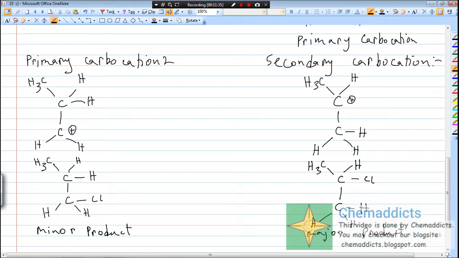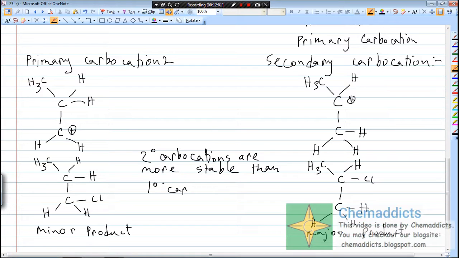So why should this be the minor product? That's because 2 degree carbocations are more stable than 1 degree carbocations.